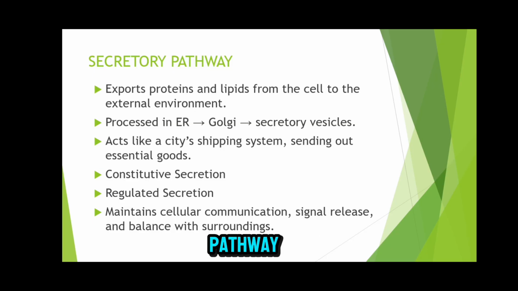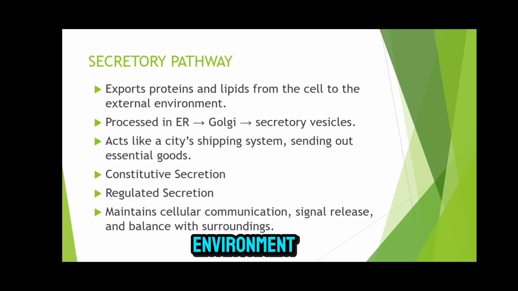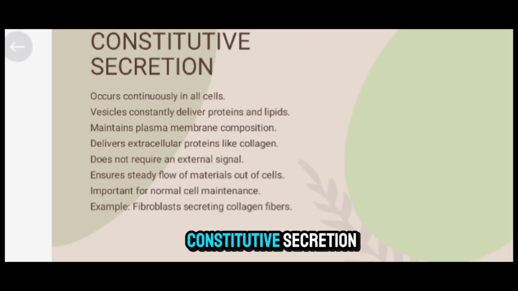The secretory pathway helps the cell communicate with its surroundings, releasing signals like hormones and maintaining balance with the external environment. Constitutive secretion occurs continuously in all cells. Vesicles constantly deliver proteins and lipids.